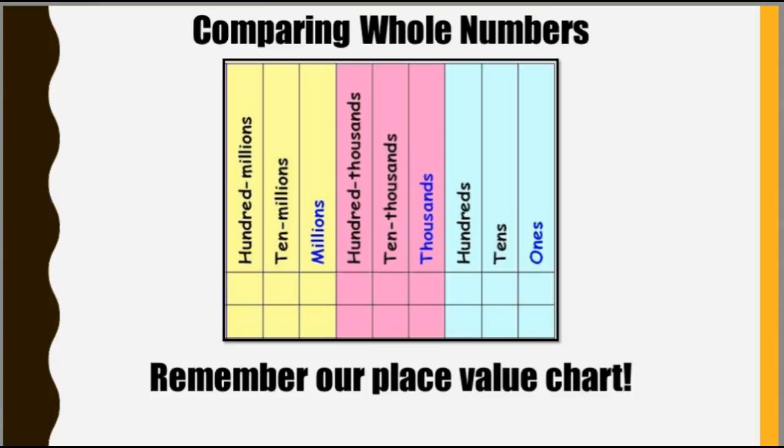What we're going to do, I'm going to write 2 numbers, and I want you to remember your place value chart, because you can do this no matter where you are, but you just have to be very neat with your handwriting. So let's say I'm going to compare 153,798.